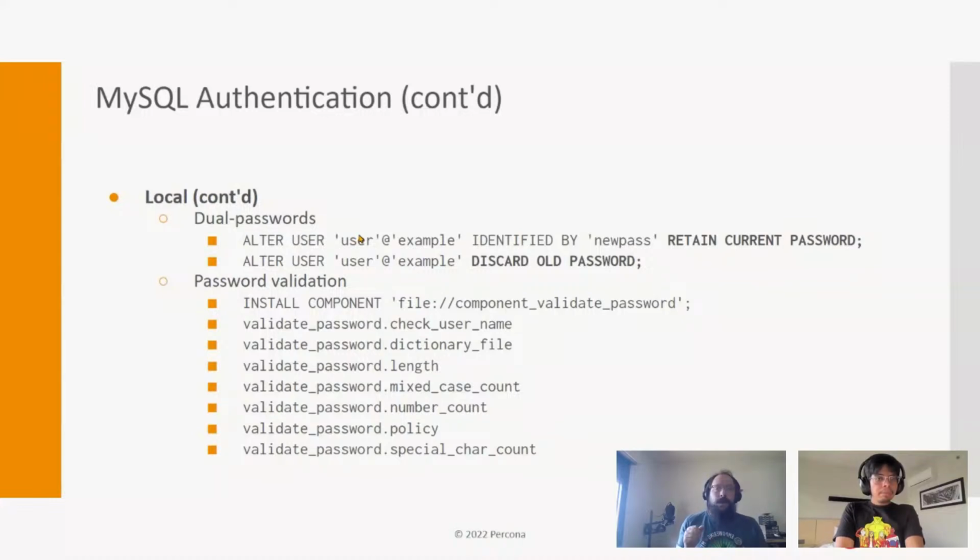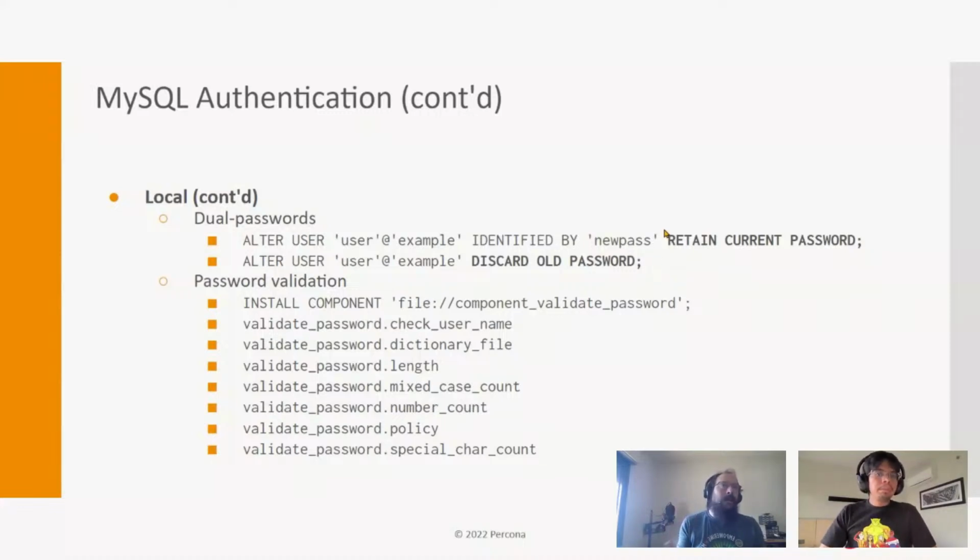So I can create the new password: I will do ALTER USER identified by the new password, and then I will say RETAIN CURRENT PASSWORD. And with that, my application servers are going to be able to log in with the password they still have. And then I can go and deploy the password change on the application with the new password. And that password will also be valid at the same time.